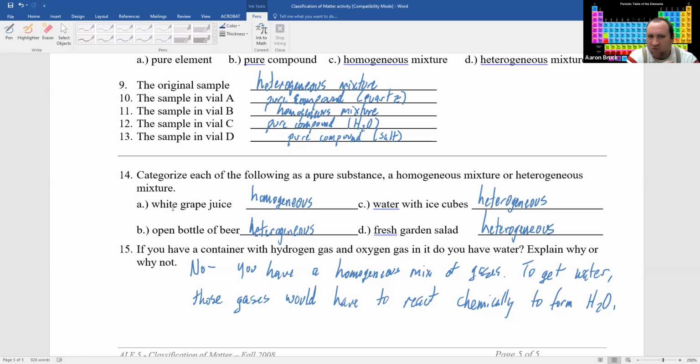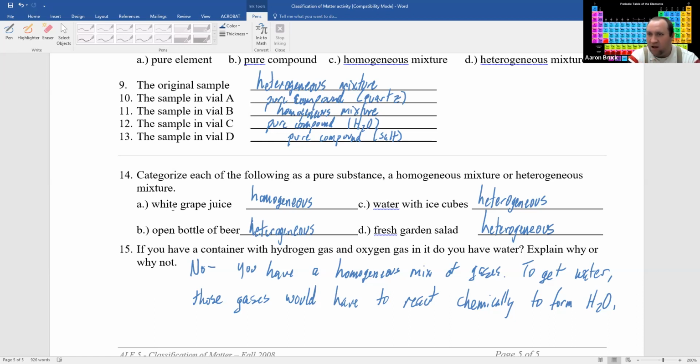An open bottle of beer, this one's going to be heterogeneous. And the key word there is open. If this was a closed bottle, we would put it into the homogeneous category because we've got water and all the other ingredients that come into different kinds of beer. But because it's been opened, as soon as we open anything that is carbonated, you're going to get bubbles.